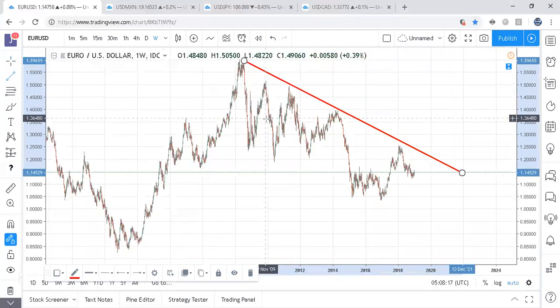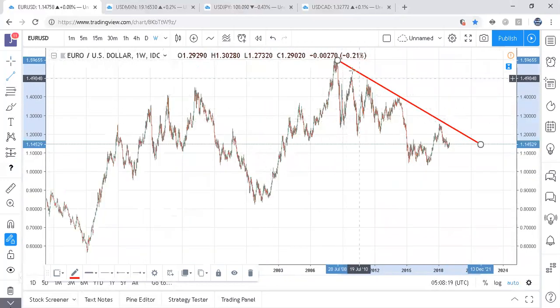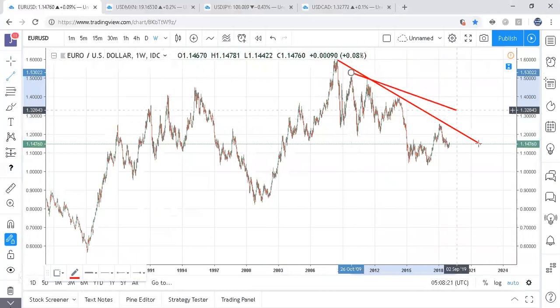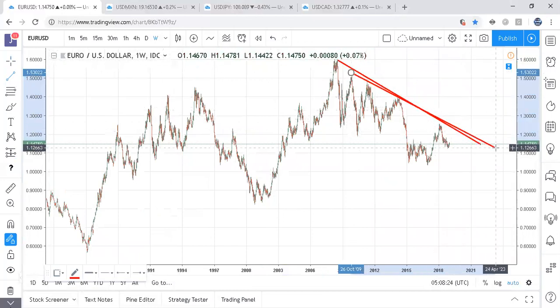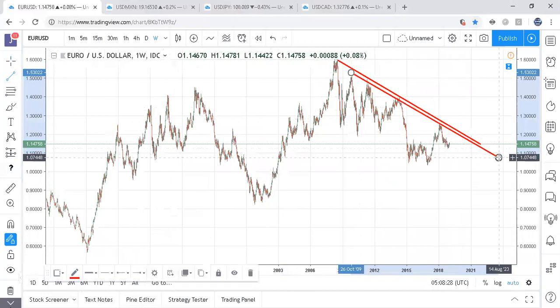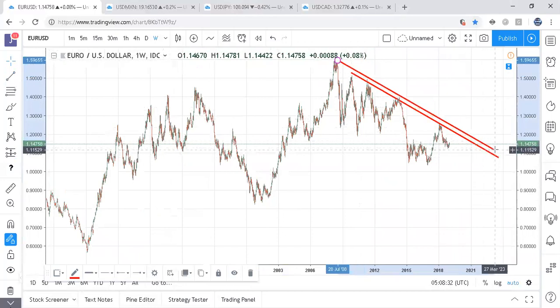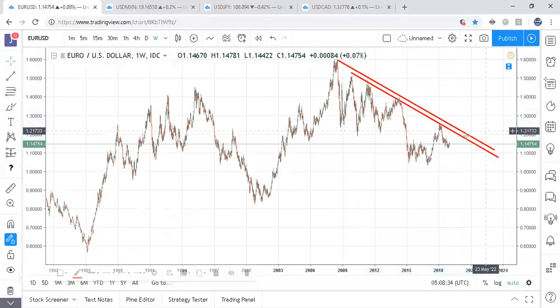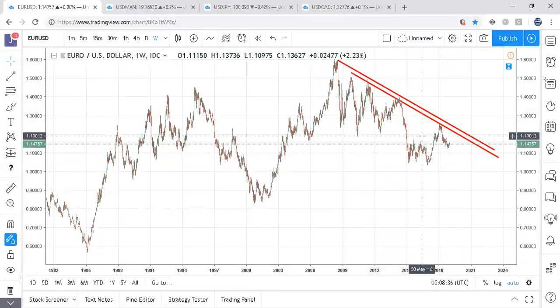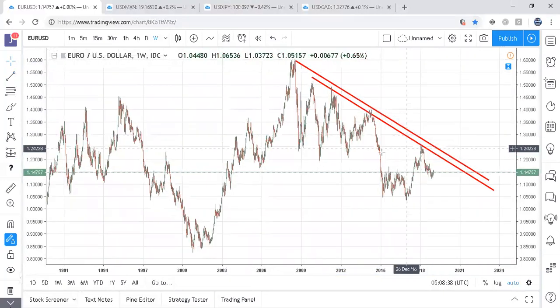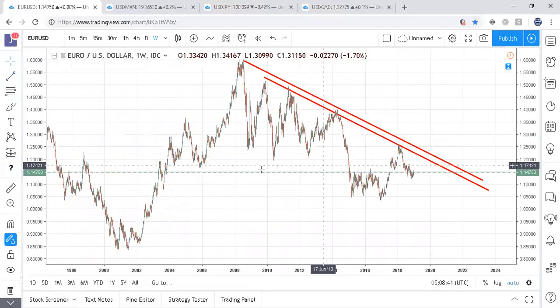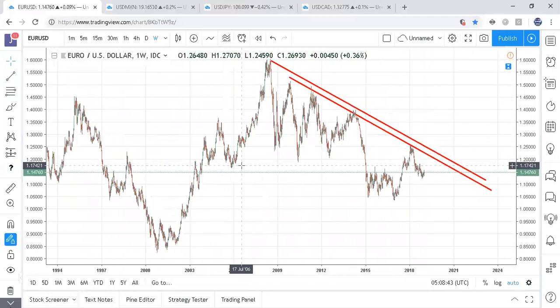So yeah, I put two trend lines. That's just how I trade. Anyways, let me show you what I wanted to show you.